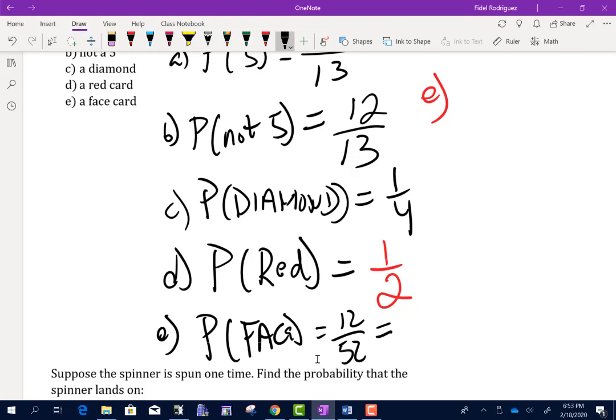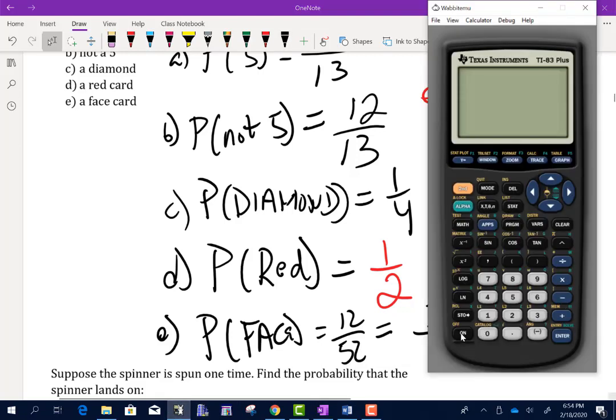And I think we can divide them both by 4. So that's 3 out of 13, since 52 divided by 4 is 13. There we go.